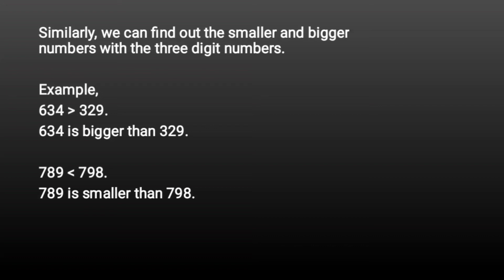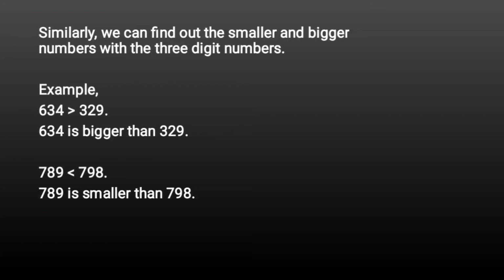Looking at both these numbers, you can easily find out which is the bigger number, and so it is 6, and the rest follows. That means whichever number has 600 is obviously the bigger number, and so we identify it as the bigger number and we put the sign accordingly, and we also write it with the help of words.